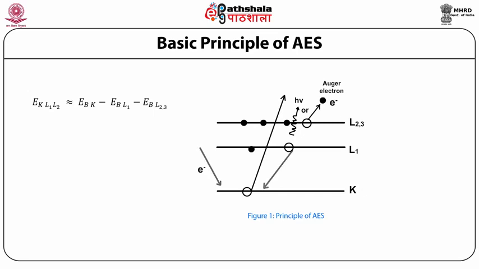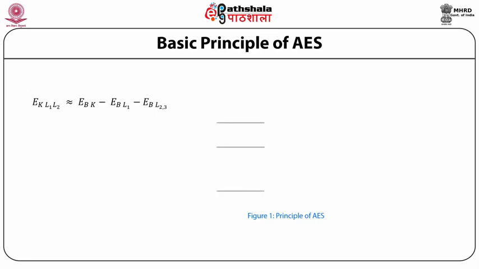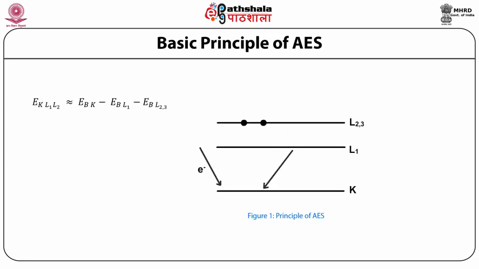For example, the kinetic energy of an Auger electron in figure 1 is approximated by the following equation: E_K L1 L23 equals E_BK minus E_BL1 minus E_BL23. The notation for kinetic energy of Auger electron describes its origin, but the nomenclature is rather complicated.